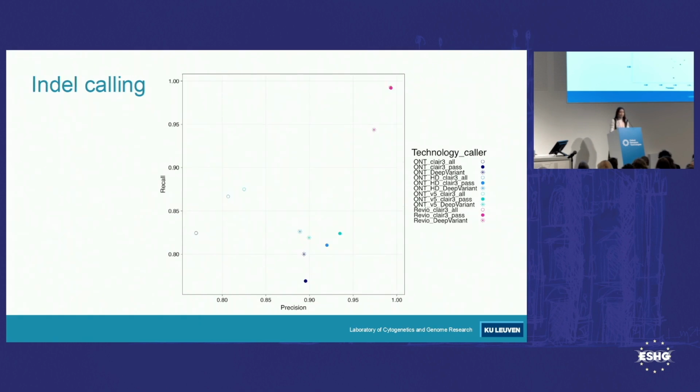I cannot say the same for the indels, but this is something that is already widely known for the ONT technology. But I also have to mention 2 things. The first one is that this is genome-wide, and we know that if we zoom in on the coding variants, then indel calling performs much better with ONT. And the second thing is that, as I will show later, most of the variants that we were looking at, we could still recall them. So it's not as bad as it looks.